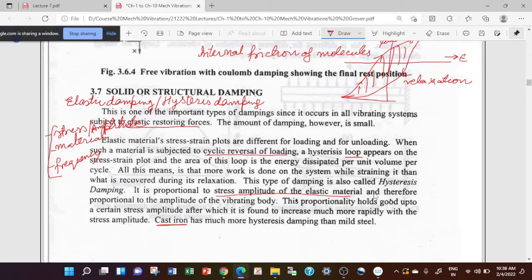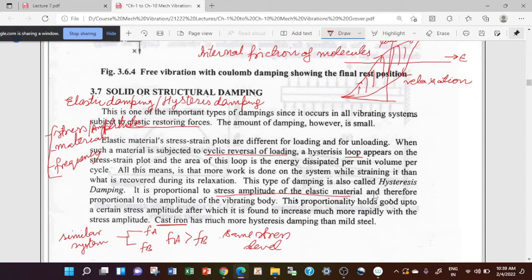So in this type of damping, suppose you have a similar system having two frequencies, suppose FA and FB, and FA is more than FB, and you have the same stress level in both the systems, and the material is also the same.